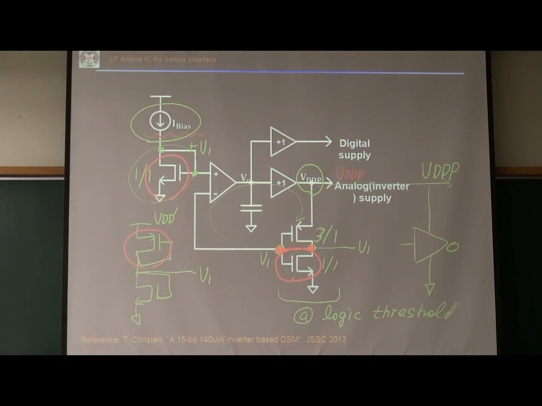Usually this is called an LDO, low dropout regulator. This is a voltage regulator, right? This is my reference voltage. From reference voltage V1, it generates a supply voltage VDDP.